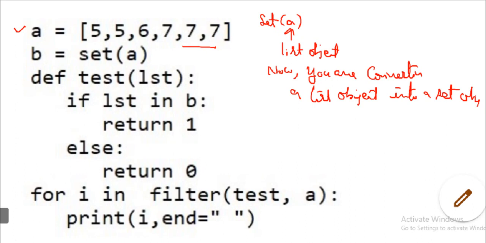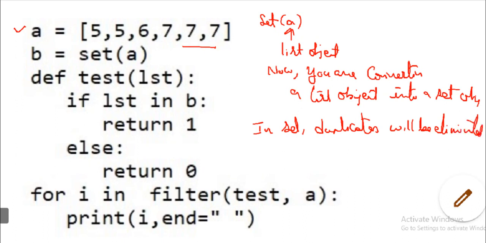When you are converting a list object into a set object, duplicates will be eliminated. That means in a set you don't have any duplicates. In lists and tuples you can have duplicates, but when it comes to a set you don't. If an element appears multiple times, it shows only one time. So when you convert this list into a set, how many duplicates are there? 5 came 2 times, 7 came 3 times.